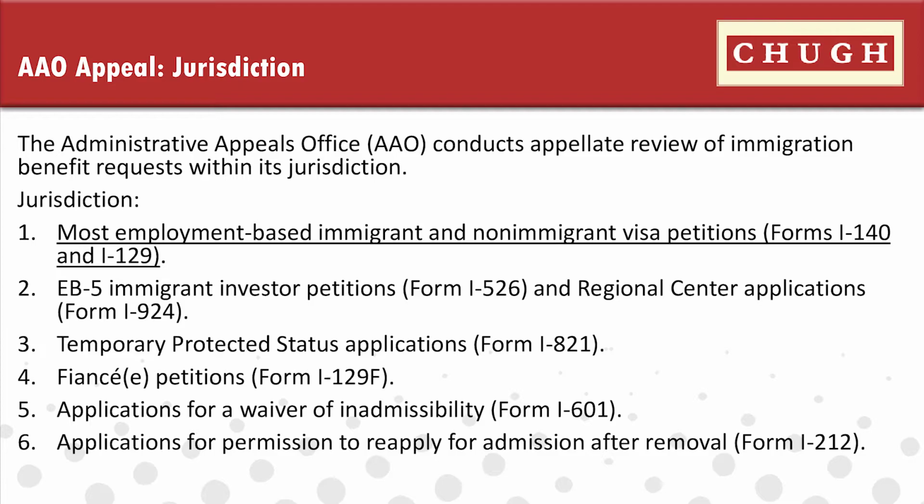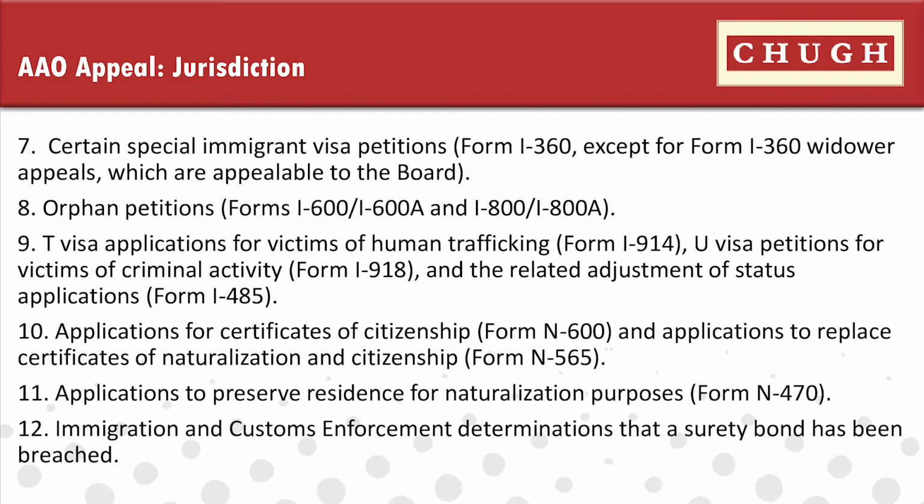Five is waiver applications, and six is application for permission to reapply for admission after removal. And you can see 7, 8, 9, 10, 11, 12. These are all the petitions and applications for which you can file an appeal with the AAO, if you receive an unfavorable decision.